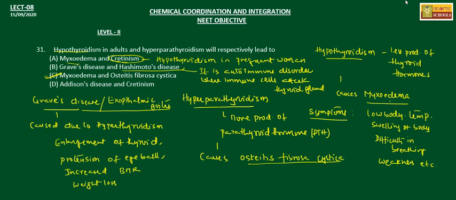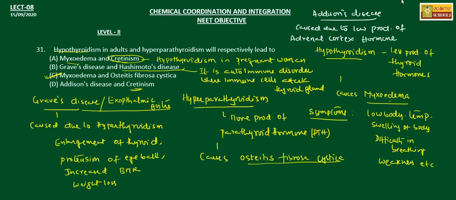We'll see about Addison's disease and cretinism. Already we have seen cretinism. So what actually is Addison's disease? Addison's disease is caused due to low production of adrenal cortex hormones.